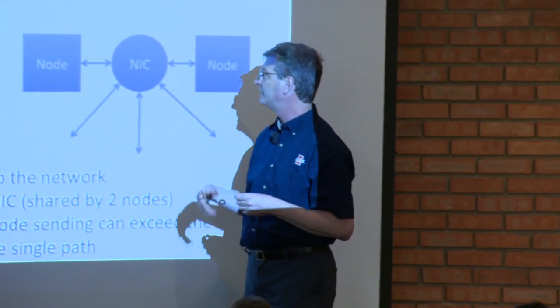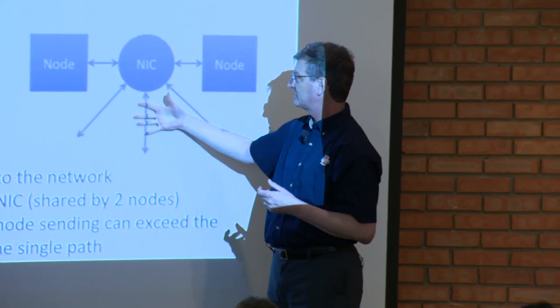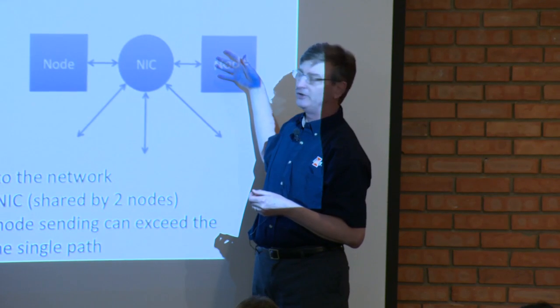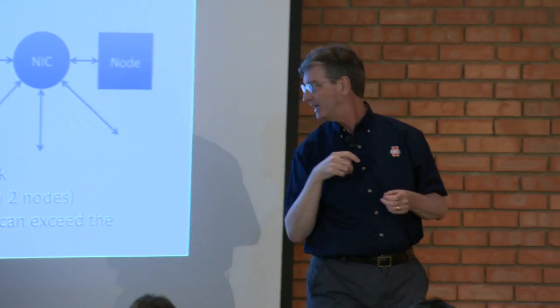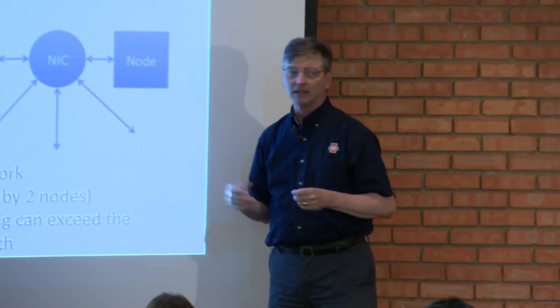In the Cray, we have multiple paths in the network, but only single paths to the nodes. And in both cases, if all of the cores in a node are sending, they can try to push data out faster than the various links can manage.